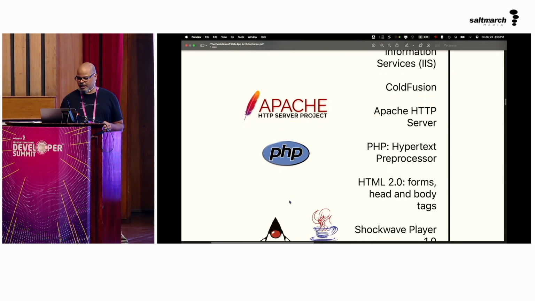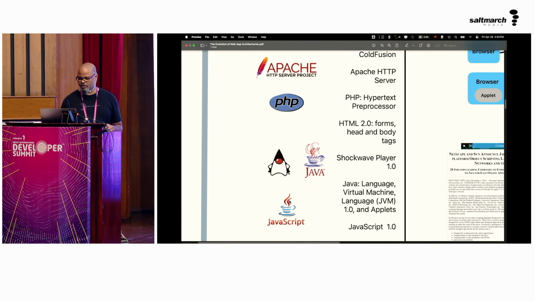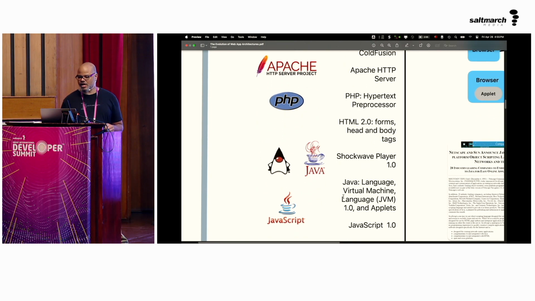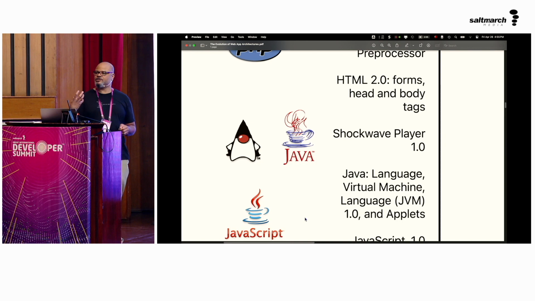And that same year, we had a couple other things. Okay, so this was a very important year. We had the Shockwave player, which allowed us inside of a web page to do multimedia content, games, that kind of stuff, because the web browsers had started having browser plugins, right?